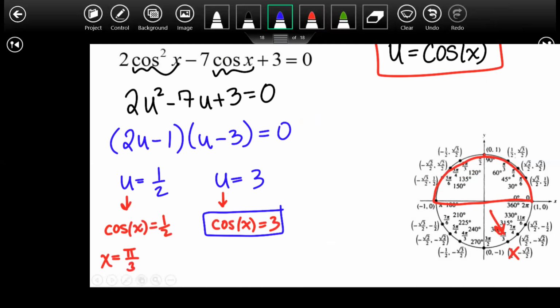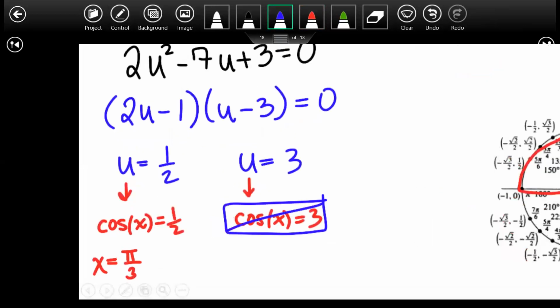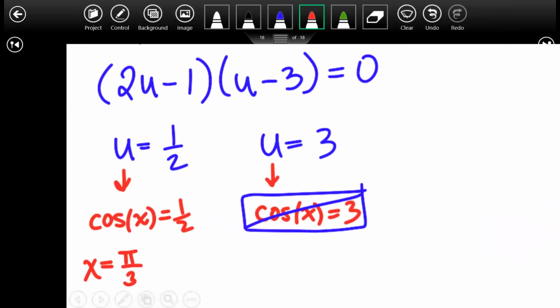Right, first of all, can we find it on our unit circle? What's the maximum cosine can be? 1. So it's definitely not even possible to find the inverse of it because it's not even possible to find it on our unit circle. So this pretty much goes away. What's my solution for this then? Pi over 3?